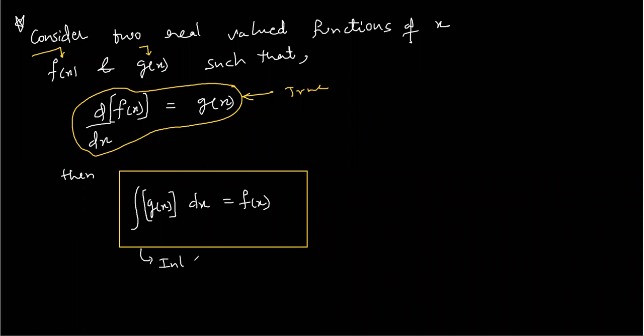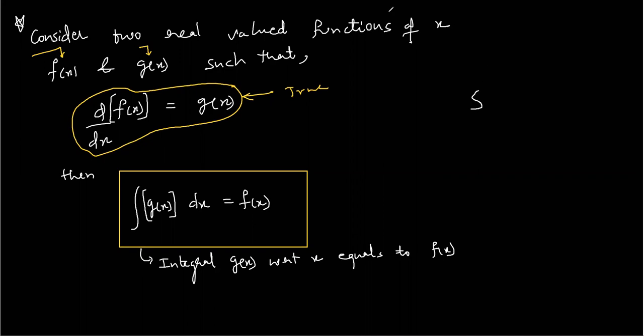Integral g of x with respect to x equals f of x. How do I read what I wrote? I read it as integral. See this sign. It is nothing but S.